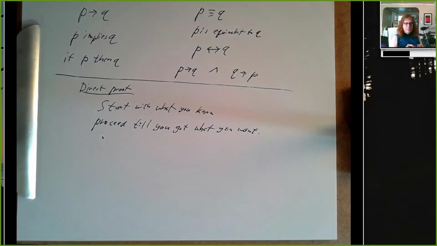It's direct because we're starting with something that we know is true, usually a hypothesis. So you start with what you know is true, and you proceed forward until you get to the thing that you're trying to show.